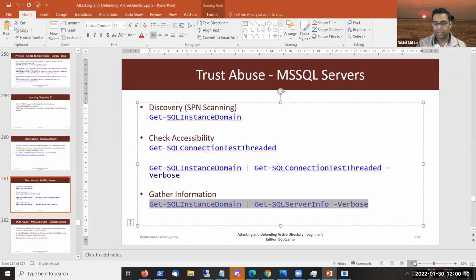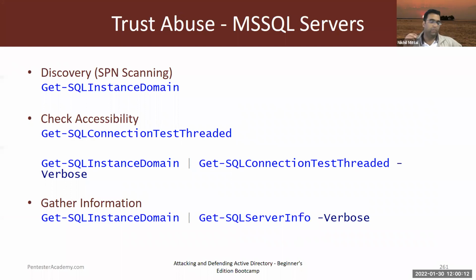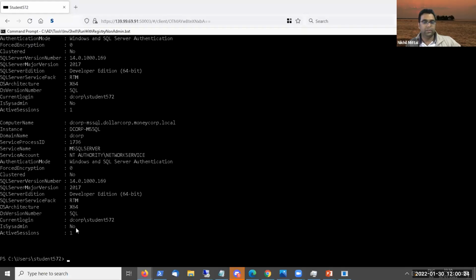Now, what I have observed, unfortunately, for many red teams and penetration testers is that as soon as you hit something like this, that is, no sysadmin privileges, a lot of times they immediately lose interest in that SQL Server.